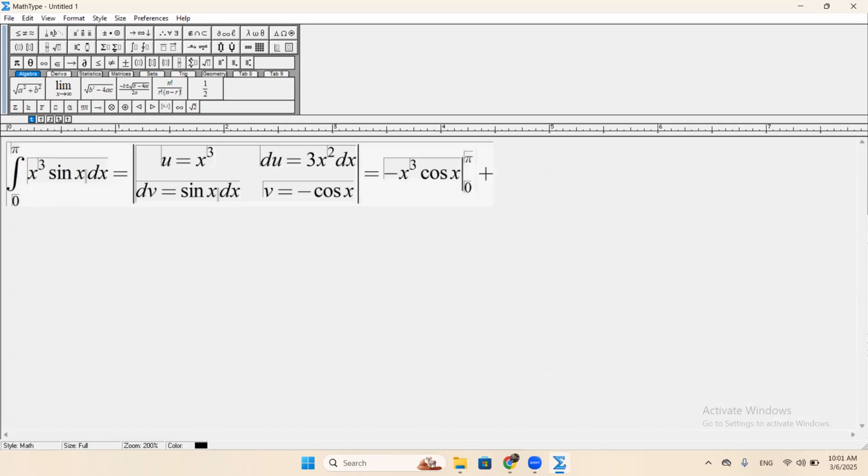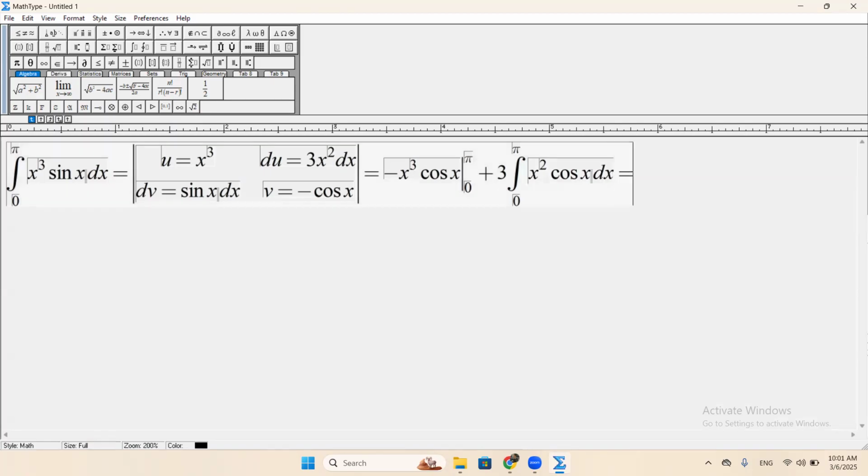And okay, we have plus because minus here. So plus 3 integrals from 0 to p x in power of 2 by cosine of x dx.